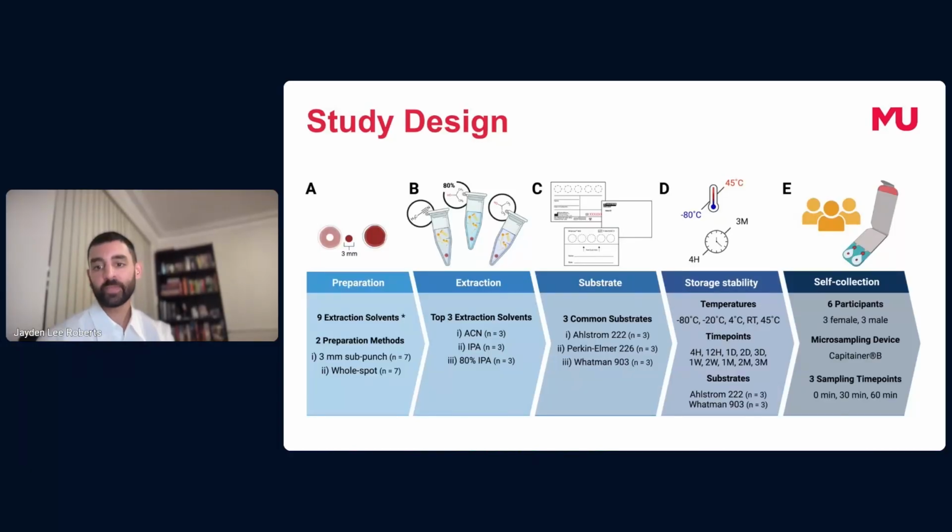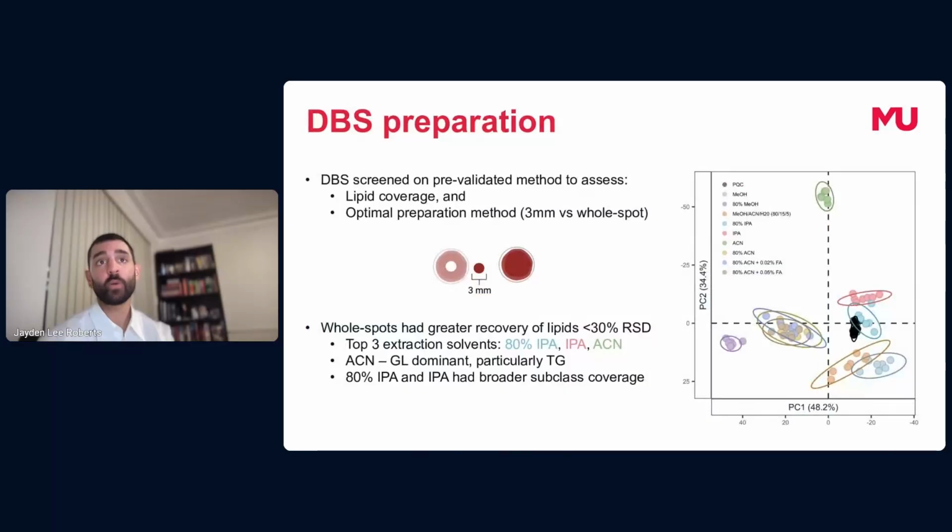So to begin, I compared two common DBS preparation methods that you might be familiar with from the literature, namely a 3 mm sub-punch from the centre of the disc versus a whole disc extraction technique. And I compared these two extraction techniques on a pre-validated targeted method that we had in-house for 9 different monophasic extraction solvents that I found across the literature for lipidomics.